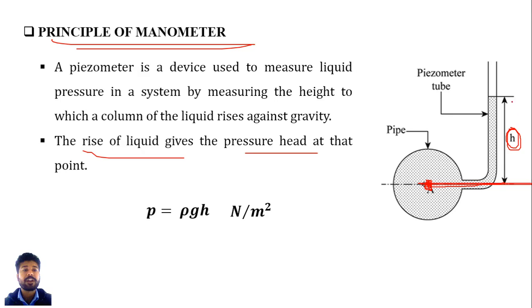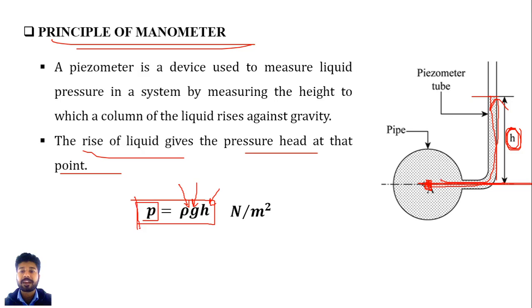So the rise of liquid gives you the pressure head at that point, and the pressure P equals rho g h as per our hydrostatic law, where rho is the density, g is the gravitational acceleration, and h is the rise of liquid in the piezometric tube.